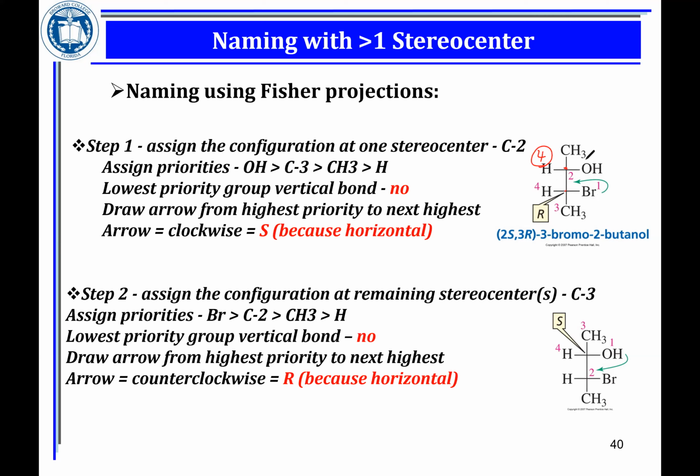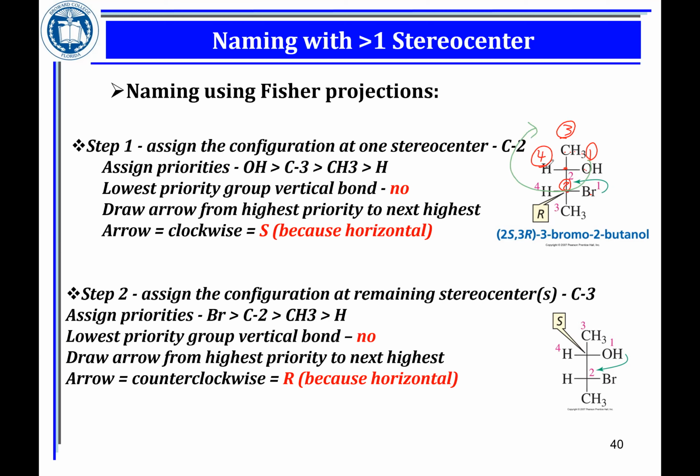OH. We look at one atom at a time, we just take one step at a time. So that's 1. This is going to be 2, obviously, because this carbon is attached to bromine, but this carbon is only attached to hydrogen. So that is 3.